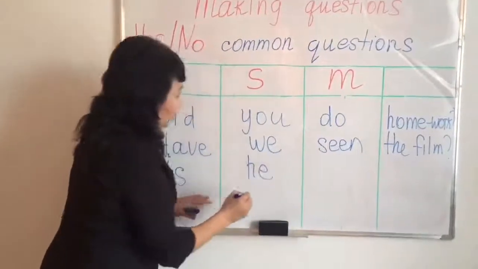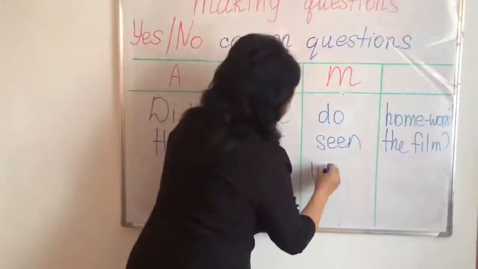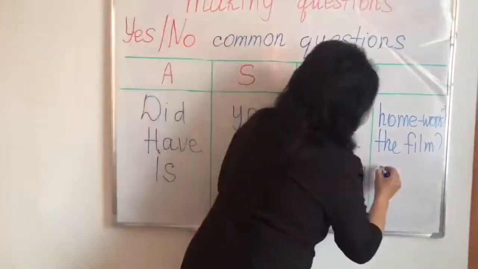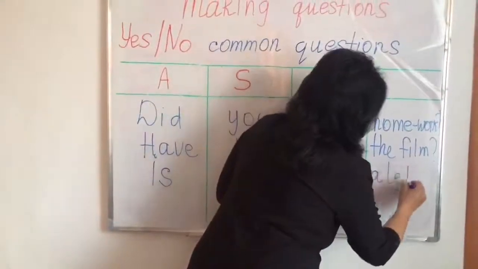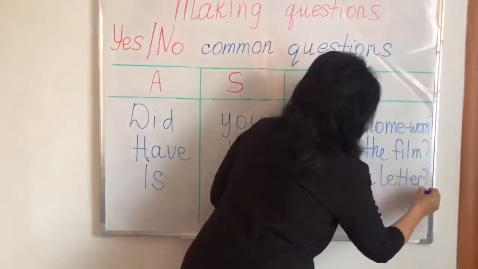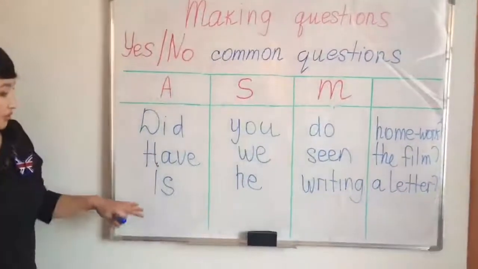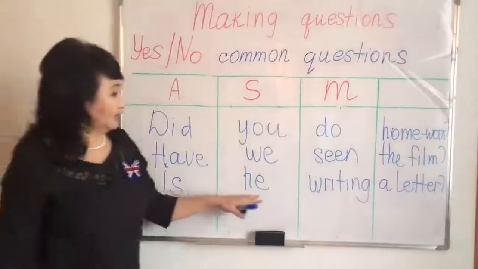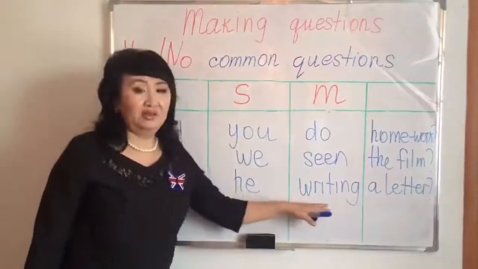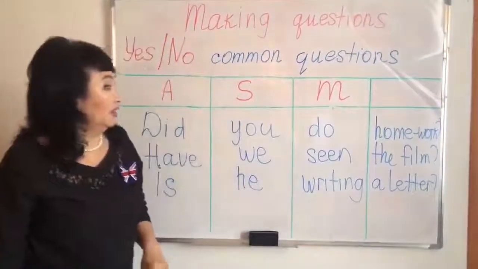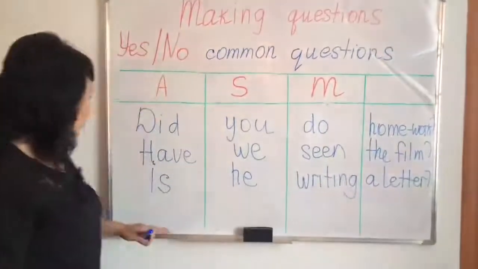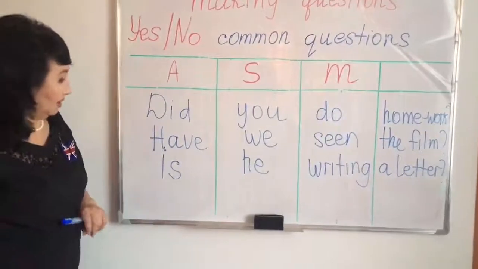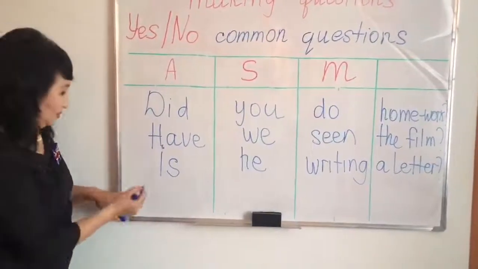Or: is he writing a letter? There you can see the auxiliary verb of continuous tense, he is the subject, writing is the main verb of continuous. You can say yes, he is, no, he isn't. Let's take a modal verb.